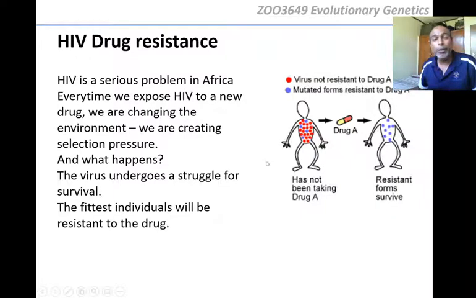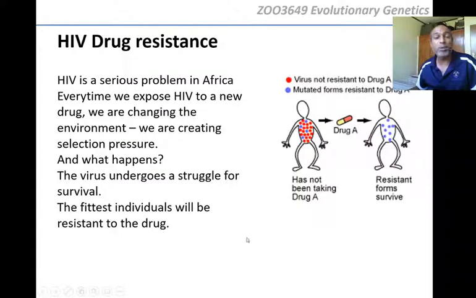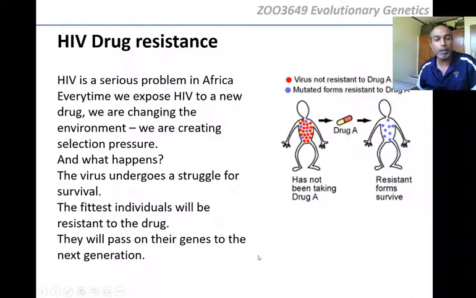However, within a population, you have variation. Okay, slight variations, and that's what natural selection needs, right? Without variation, you cannot have natural selection. So now natural selection says, oh, there's variation. Some of them are going to be fitter than others. The fittest ones are the ones in blue. Those are the ones that have a resistance to the drug.